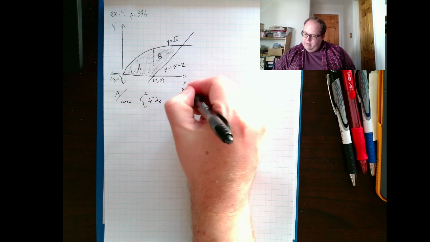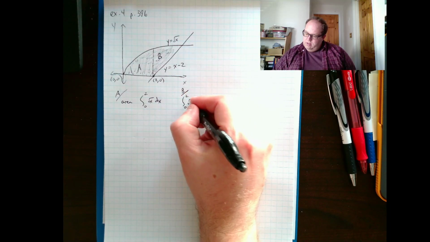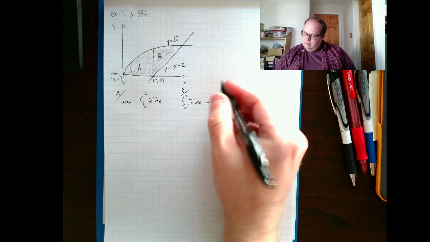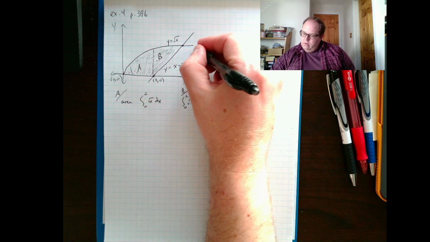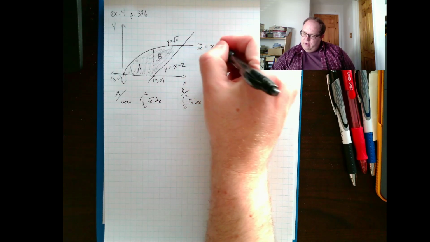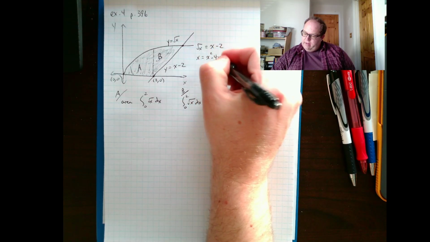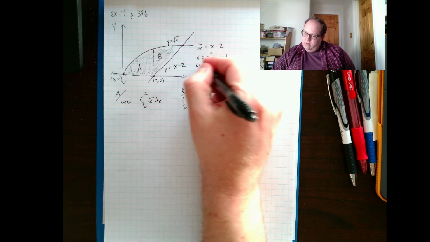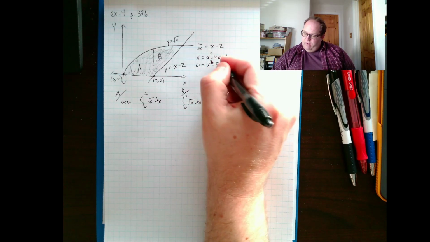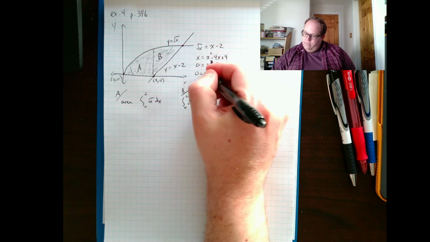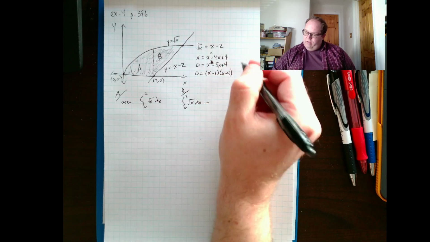Whereas region B in here is going to be the integral from 0 to 2 root x dx minus, and I'm going to need to find what this intersection is. So where does root x equal x minus 2? That'd be where x equals x squared minus 4x plus 4, where 0 equals x squared minus 5x plus 4, or x minus 1 and x minus 4.